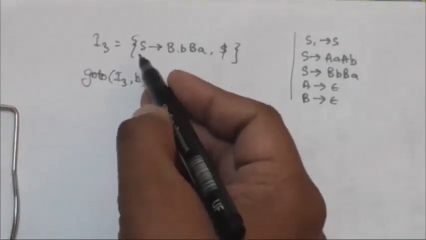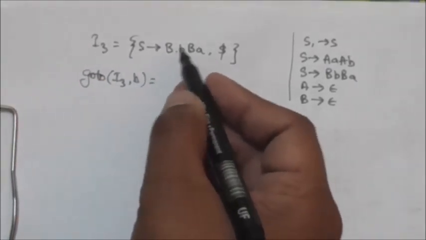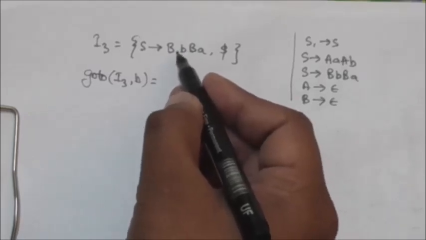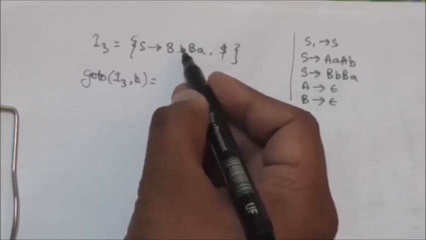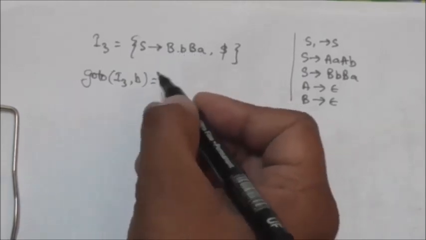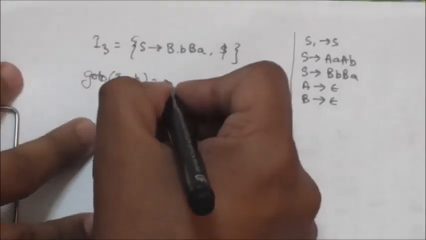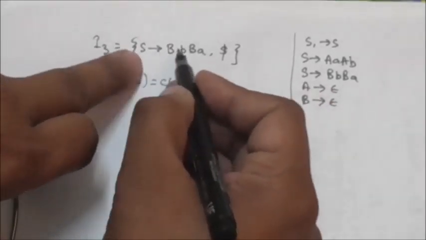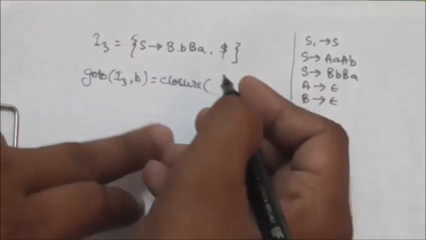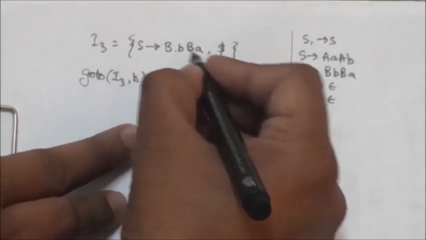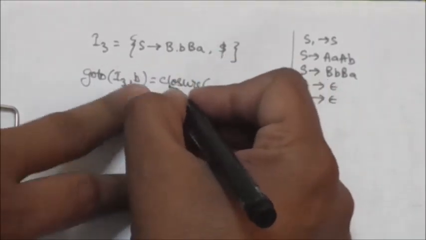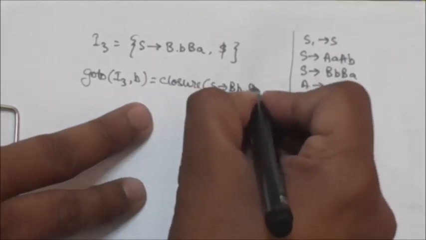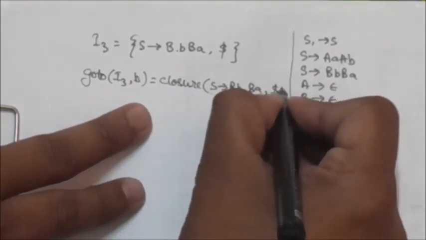So in I3, wherever in items dot is preceding the terminal symbol B, the dot will be shifted to the right of terminal symbol B in that item, and then we will find its closure. So it will be equal to the closure of, now see this item here, dot is preceding this terminal symbol B, so this dot will be shifted to the right of terminal symbol B. So the closure of S derives B dot B A, look ahead symbol dollar.